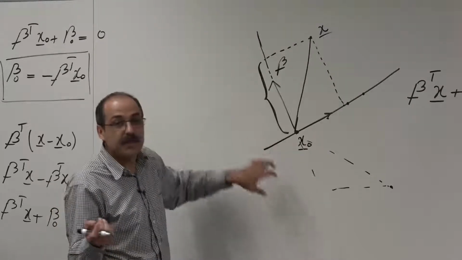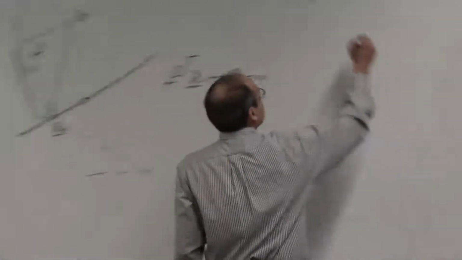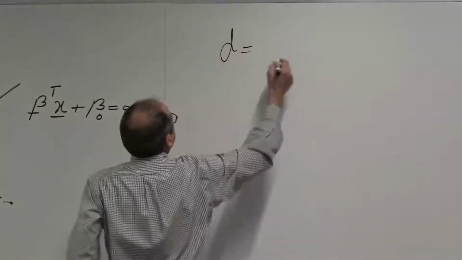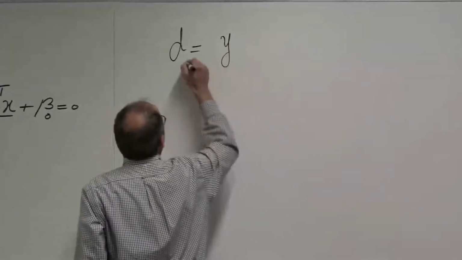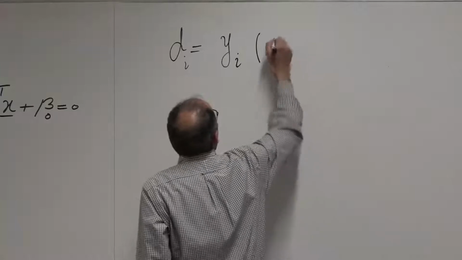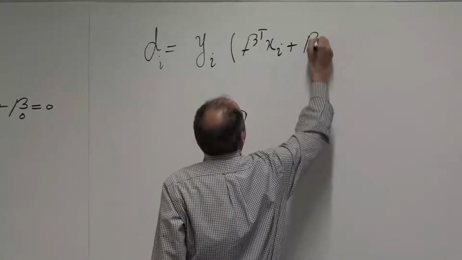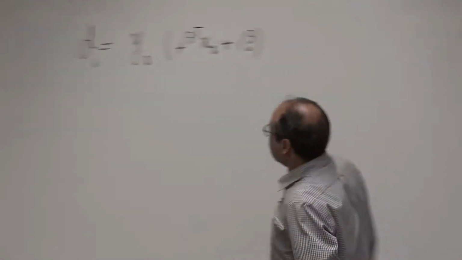But I can multiply this by the class label. So basically, my distance d for point i would be the class label yi times beta transpose xi plus beta null. So that's my distance of point xi to the hyperplane.